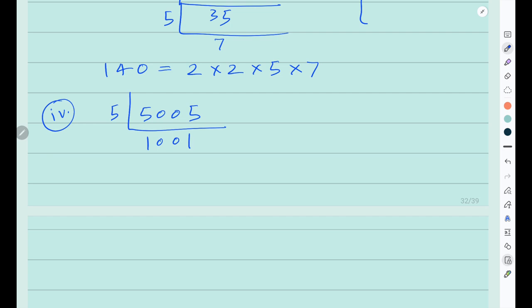Okay, so you need to just look into it, and then if possible you need to even divide it into those parts. So for example, it is not divisible by 2 for sure, isn't it? Because it is an odd number, not an even number. Then we can try with 3.